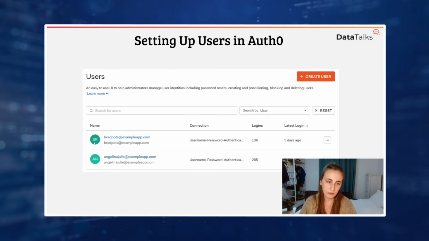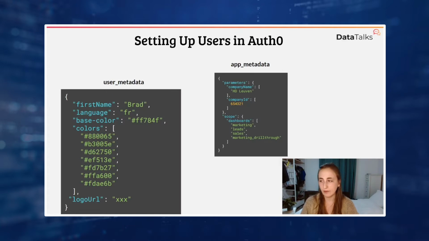So if you were to go and click on the 3 dots here and say view details, you would get a page with some extra details, including the option to add metadata. So I've got Angelina and Brad here, and if I were to have clicked on those 3 dots and requested to see more detail, I would have user metadata that I fill in, and I'd be also using app metadata. So these are already filled in on my Auth0 account.